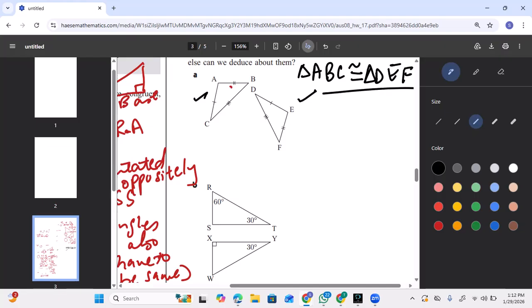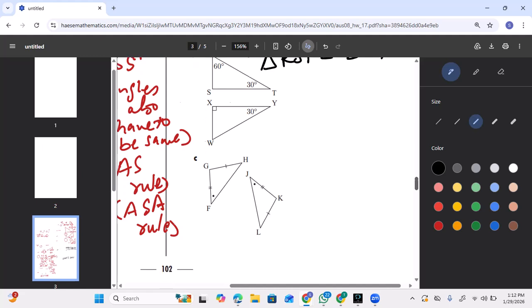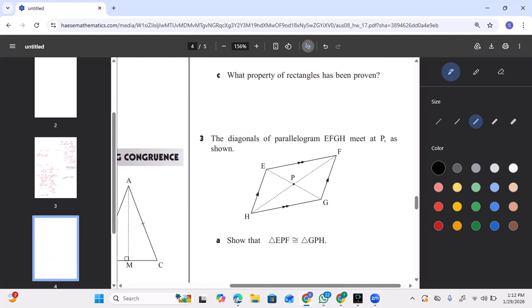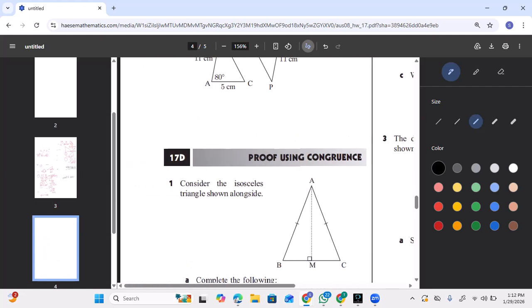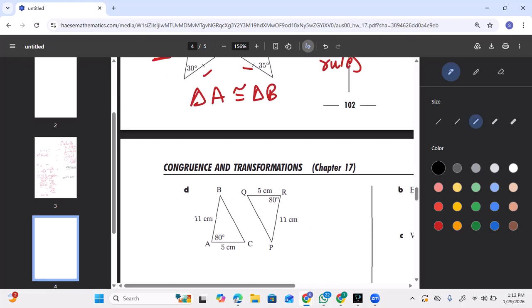You just have to write like this. And for this one, just write triangle RST is congruent to triangle WXY. Okay, got it? Yeah.